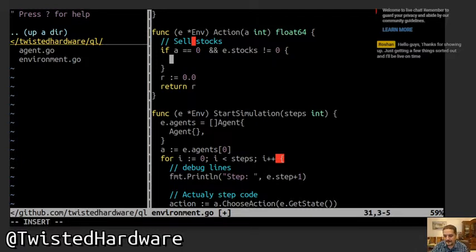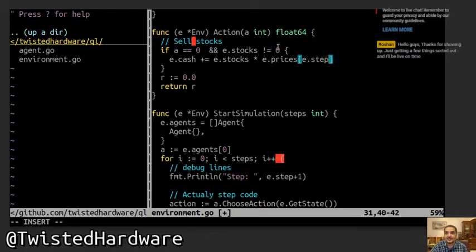So anyway, our e.stocks, let's find out what's the selling price first. So e.cash plus equals e.stocks, so we'll sell all of our stocks and add it to cash, times e.prices of e.step.